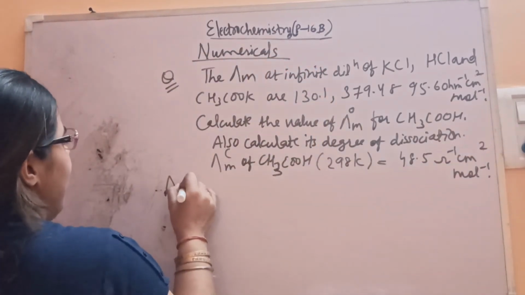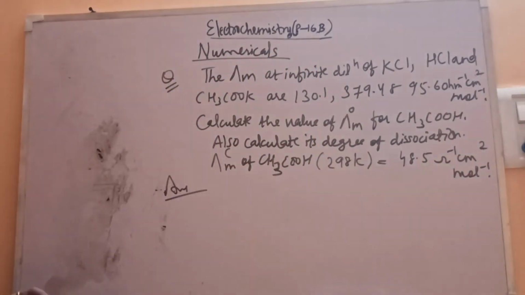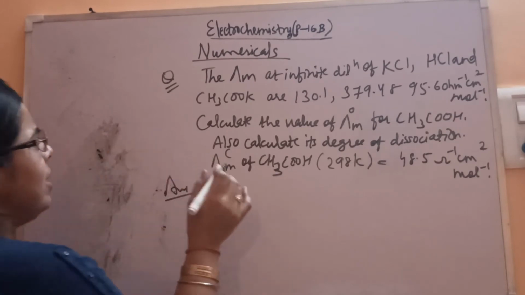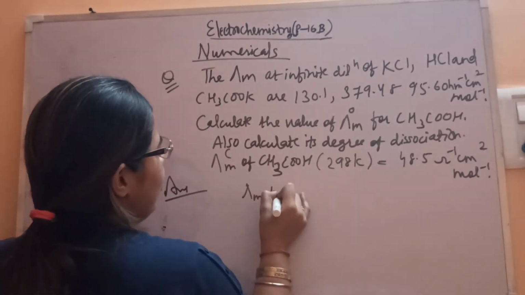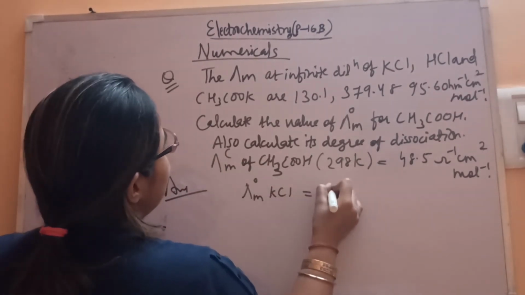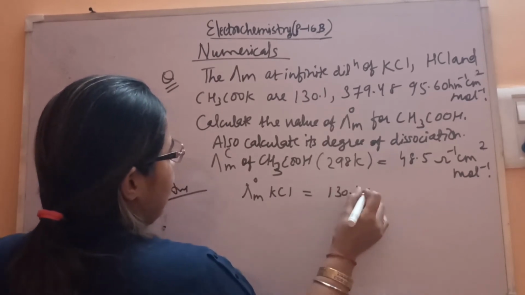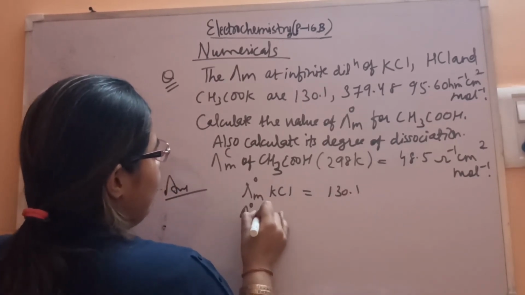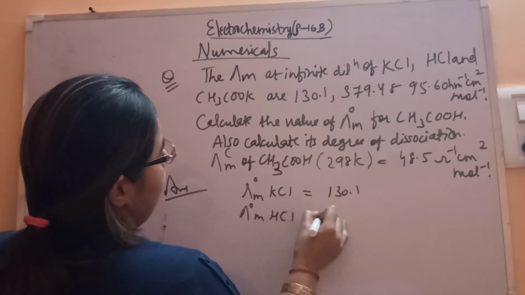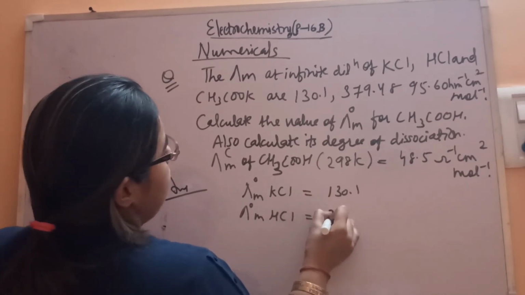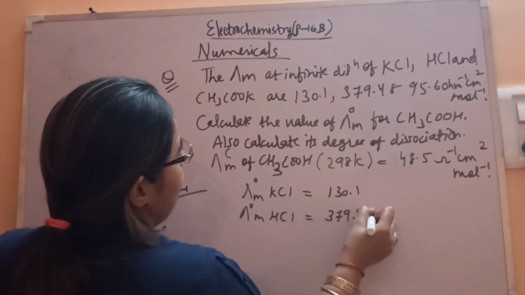So let's have the answer. Look at the answer here. Question, I think it's clear. Molar conductivities are given for all. Molar conductivity for KCl at infinite dilution is 130.1. Then molar conductivity for HCl is given 379.4.